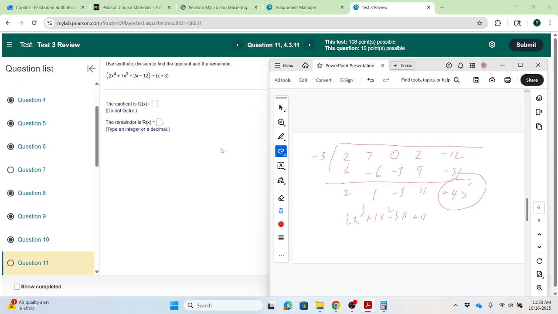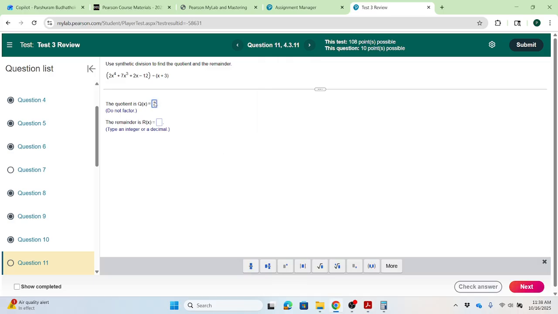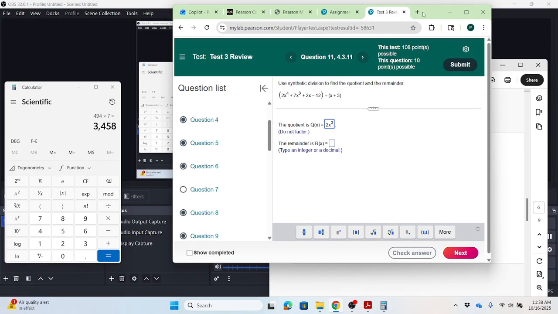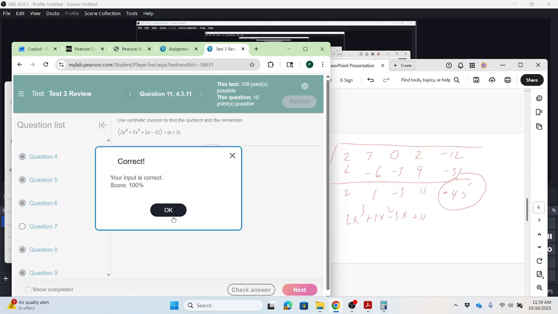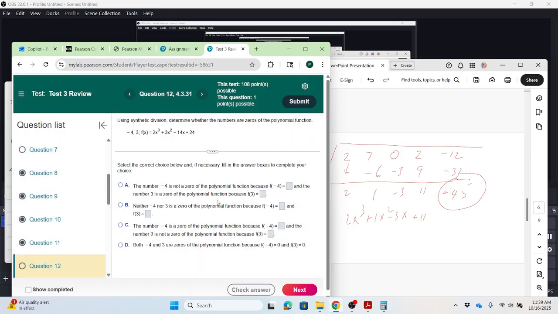So your quotient is 2x cubed plus x squared minus 3x plus 11, and then the remainder is negative 45. Remainder is negative 45. Very easy and less time consuming.